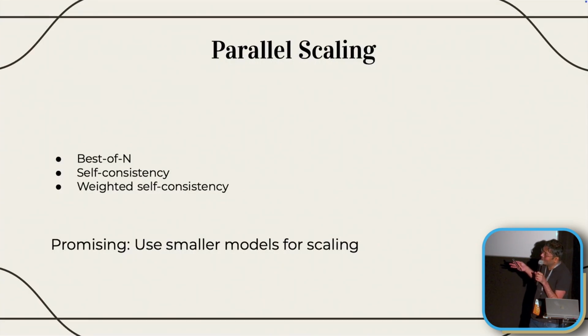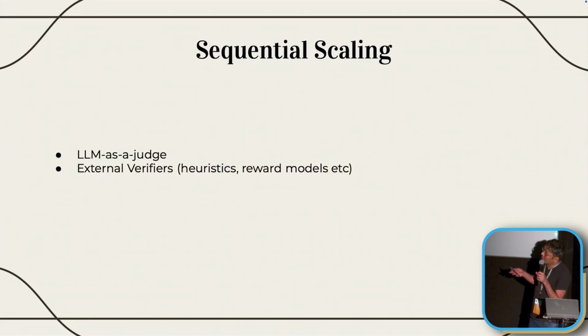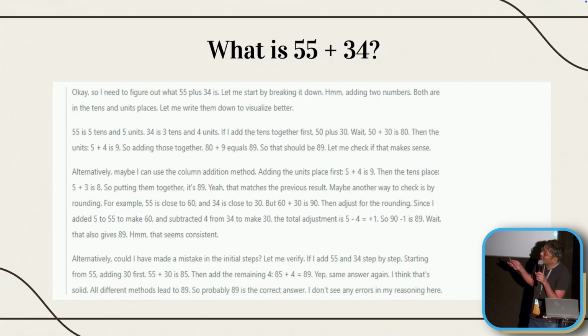It could be multiple models and so on. For sequential scaling, either you use external verifiers or LLM as a judge, where the model itself tries to verify what it's saying and then backtrack if needed.